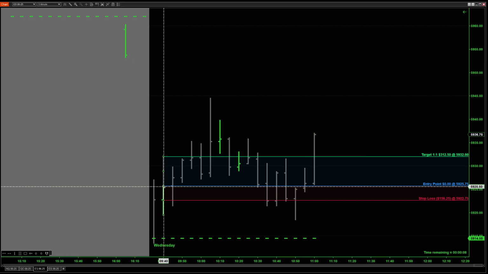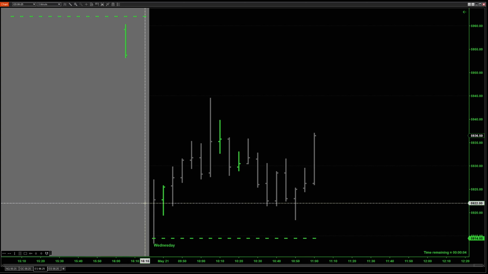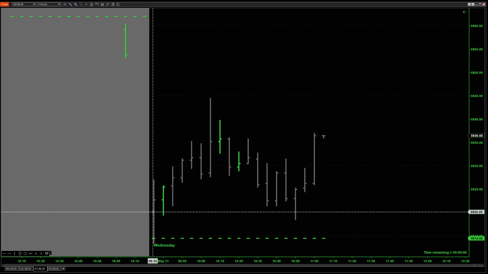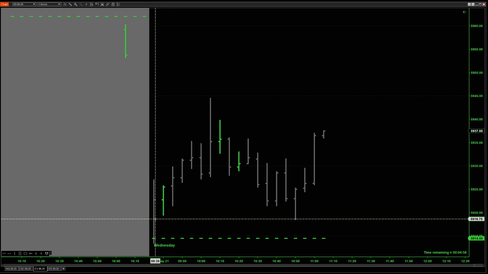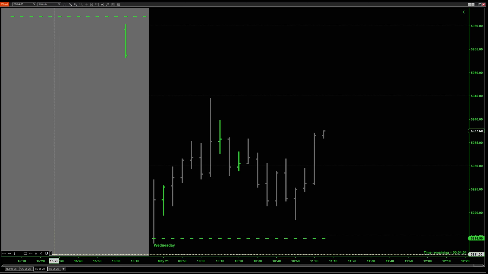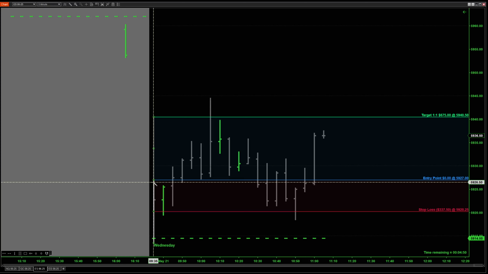Now we're also looking for reversal bars. What's a reversal bar? Well, a reversal bar, I go along with Al Brooks. And we're looking for long only, so the inside bar would have been our first trade. Also, could do an opening range break.